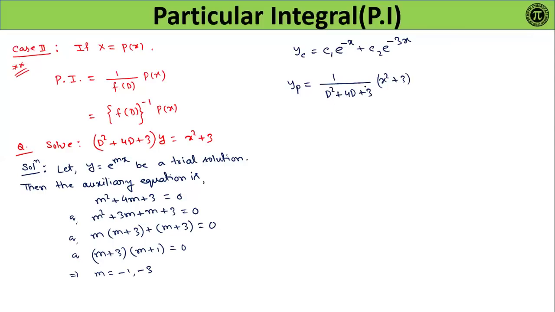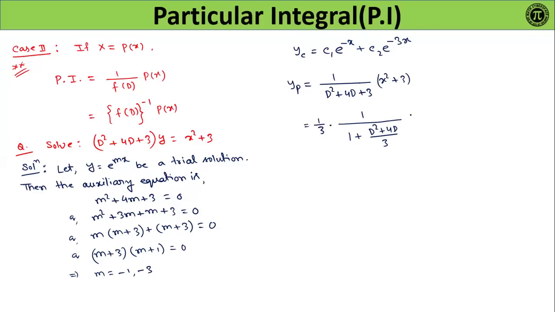First you have to take common this 3, so this equals 1 by 3. First you have to take common the constant number, 1 by 3. So this will be 1 by 1 plus (D square plus 4D) divided by 3, yes or no? Clear now?